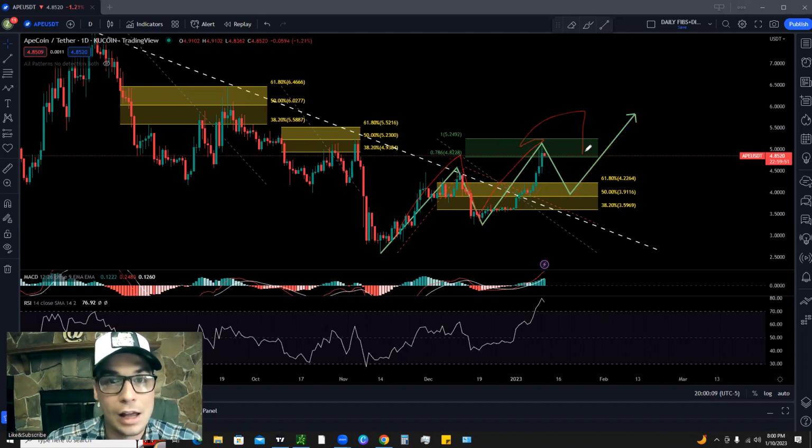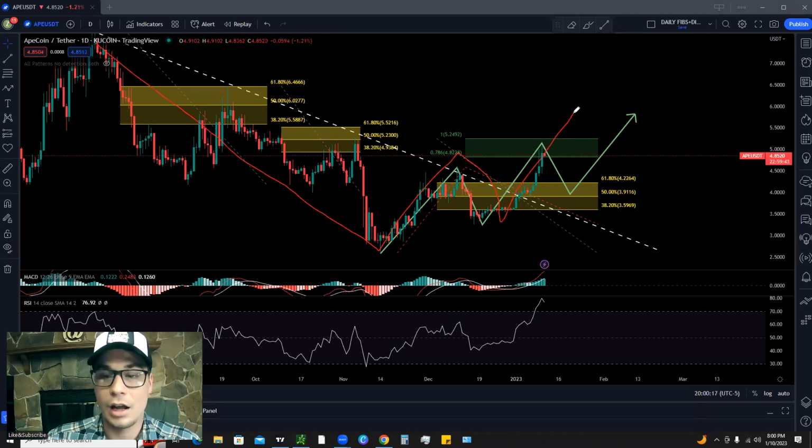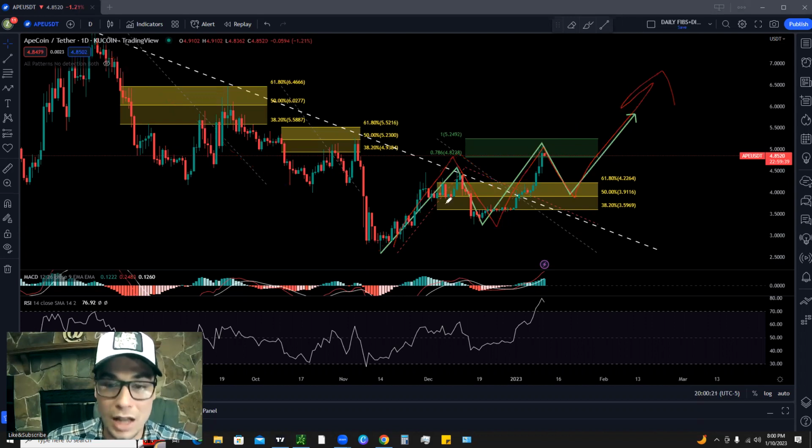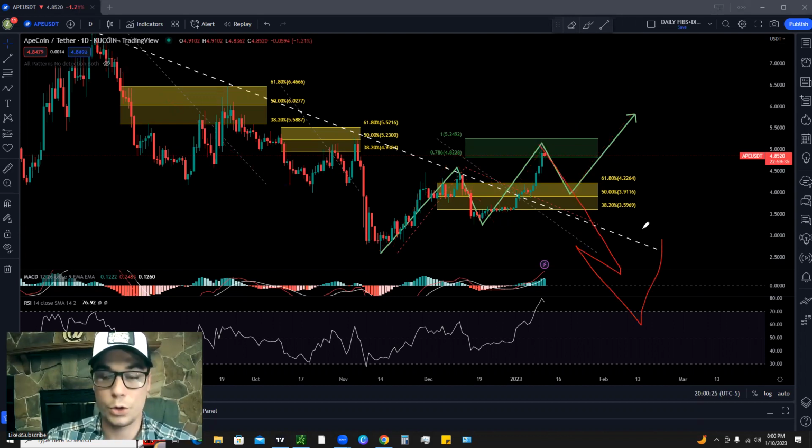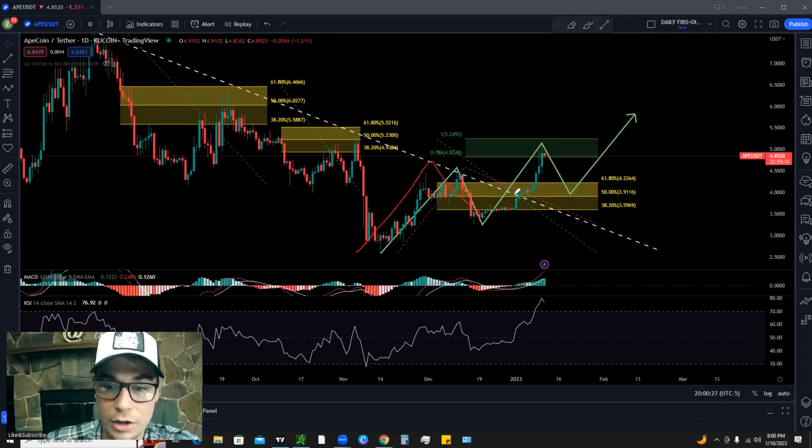An ABC is usually a corrective wave. If you have a large move to the downside and then you get a corrective wave to the upside, rather than a 5-wave impulsive move, then most likely you're just getting an ABC correction for a larger move to the downside. So we really want to see this turn into a 5-wave structure to the upside.